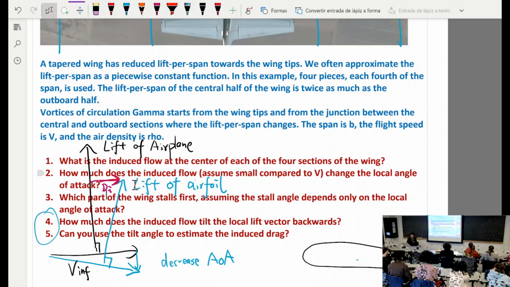Okay, so these two induced drags should be exactly equal if the calculation is precise, in the sense that if I discretize the airplane into infinitely many segments and the integration is exact.